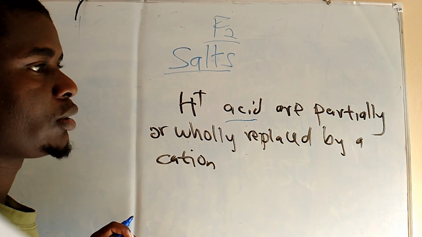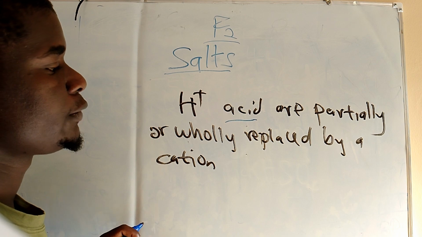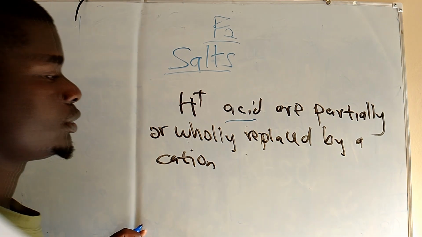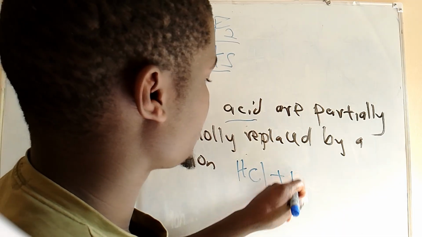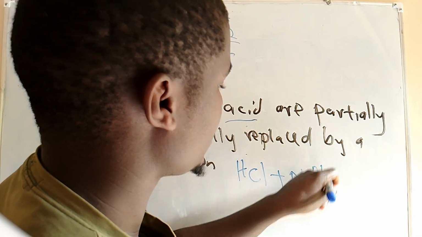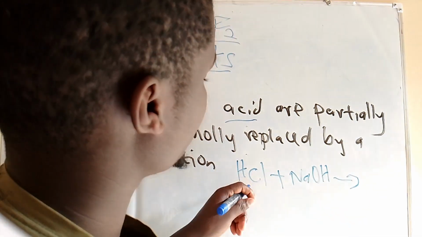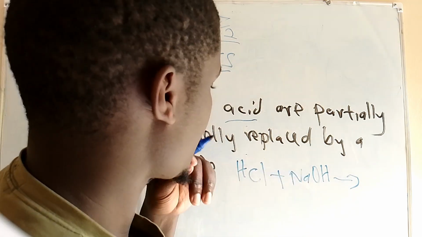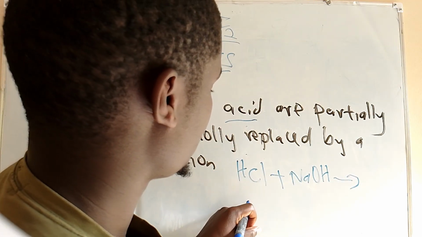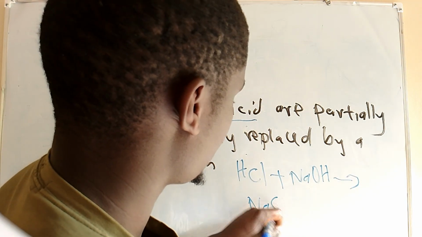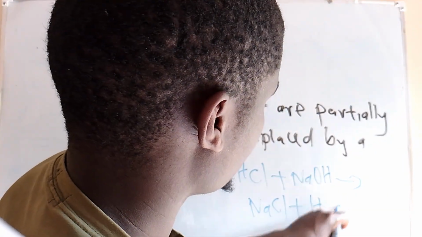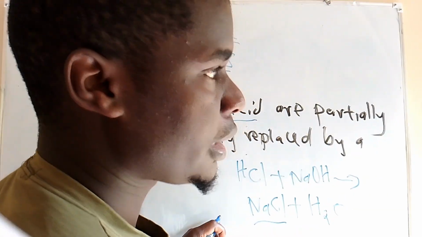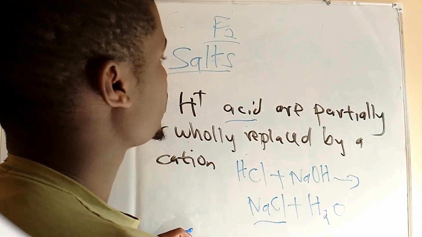For example, if I have HCl reacting with sodium hydroxide, the sodium will replace hydrogen to form sodium chloride plus water. So this sodium chloride is what we call a salt.